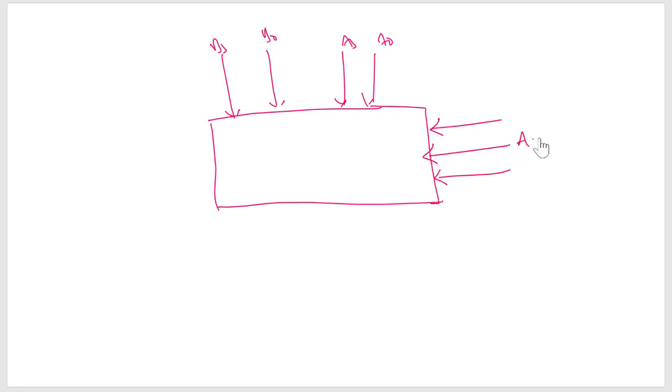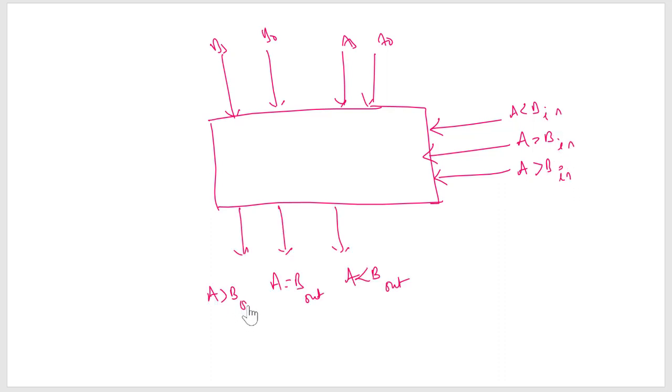These are A equals to B, A less than B, and A greater than B. So this is an ideal and practical 4-bit comparator with the cascading inputs.